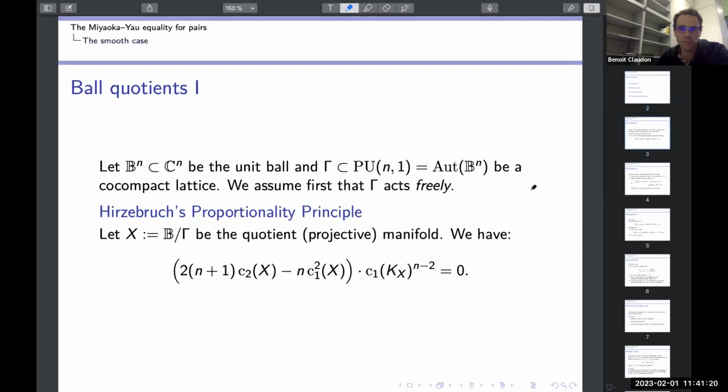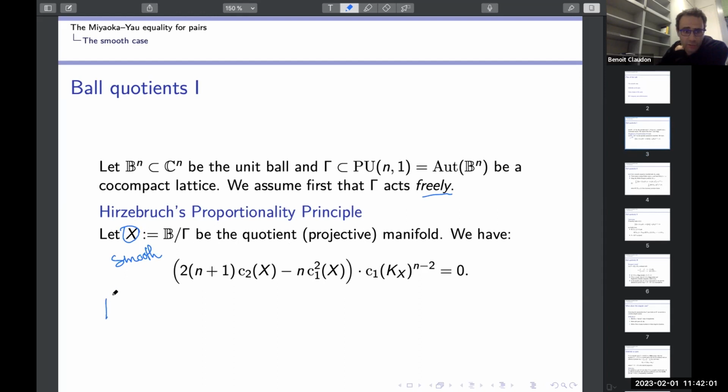Okay, so let me recall the smooth case. Here I will look at the unit ball, and I pick a co-compact lattice Gamma in PU(n,1), the automorphism group of the ball, and I assume first that the action is free. So it means that X, the quotient, is a smooth projective manifold.